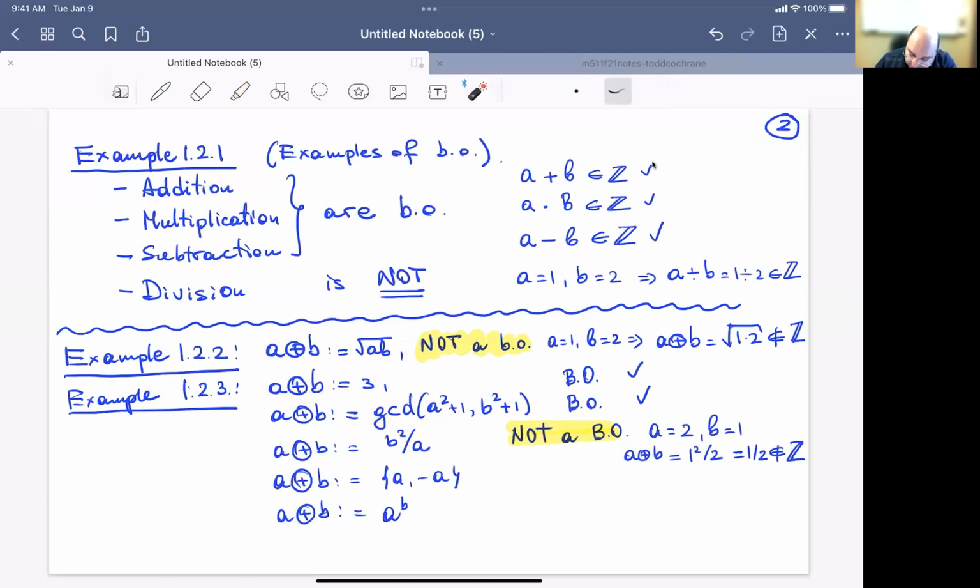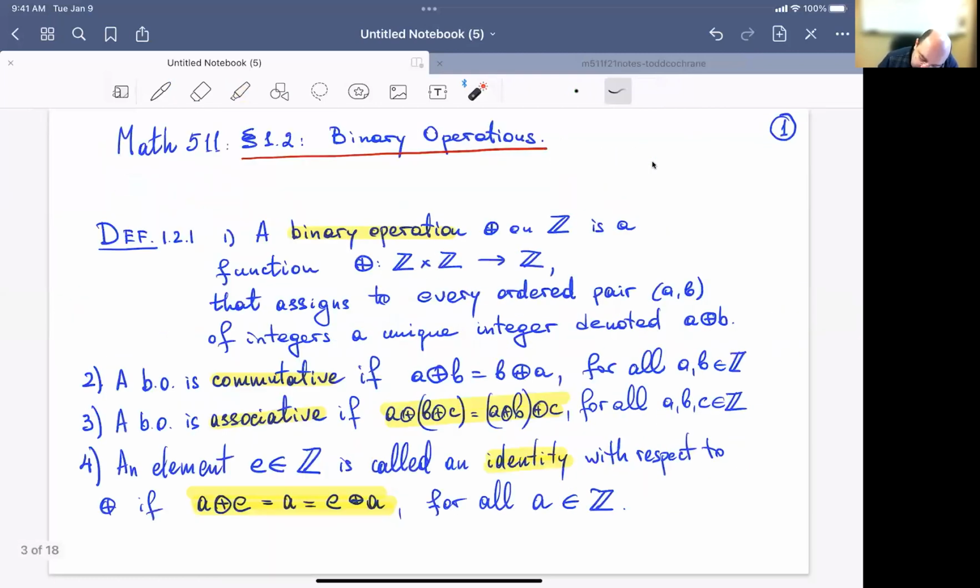Similarly, in the next example, we have defined a circle b to be a pair of numbers. That means it's not just one number, it's two numbers. But if we look at the definition of a binary operation, it says that a binary operation is a function which assigns to every ordered pair of integers a and b a unique integer, right? So there's just one integer.